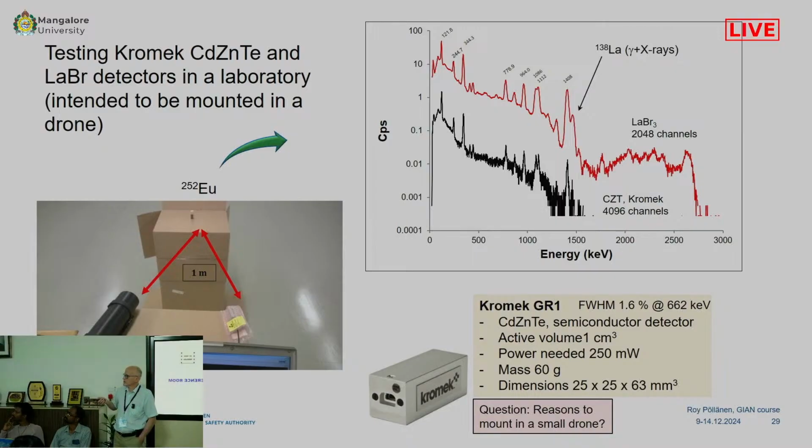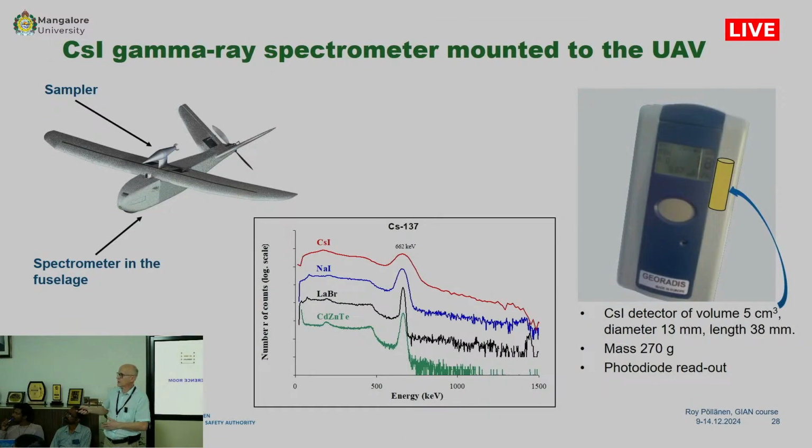But a question. Are there any reasons to mount, for example, this kind of small spectrometer in a drone? Do you have any ideas? Of course, it must be a small detector because the drone is very small, this one.